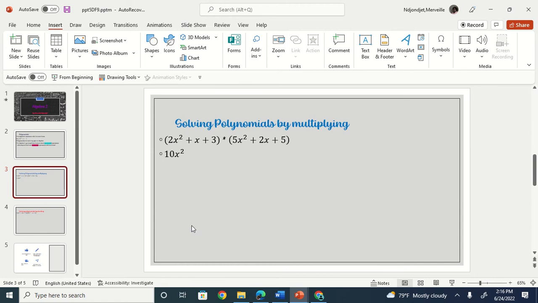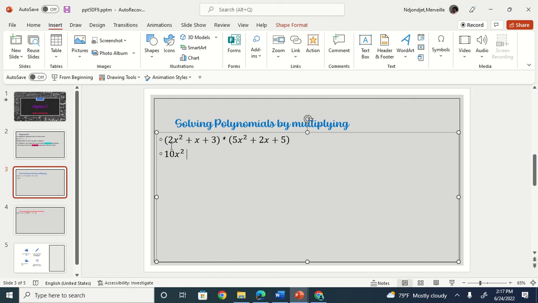Now to multiply a polynomial, you have to multiply 2x squared, like the first term. So the terms are any term from here, and you have to multiply it to the other side, even though they're different terms.